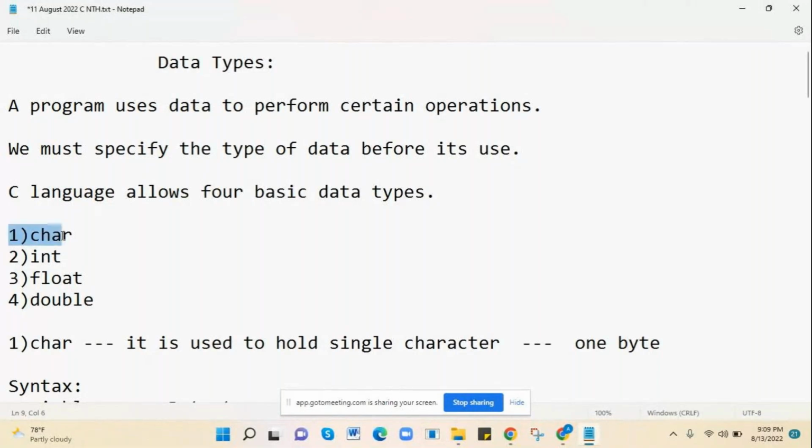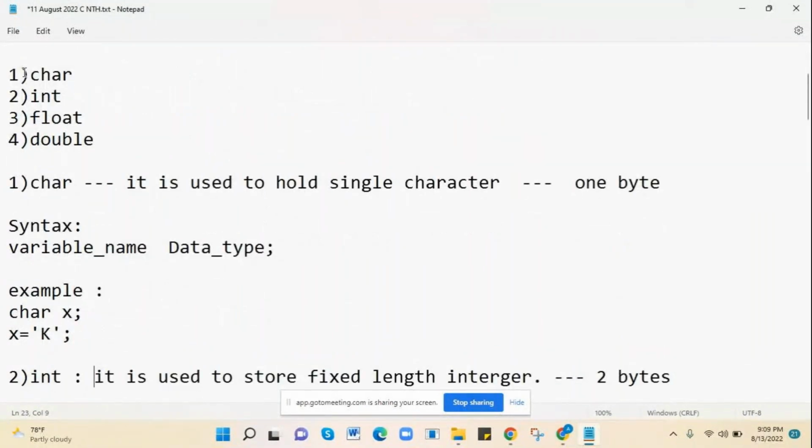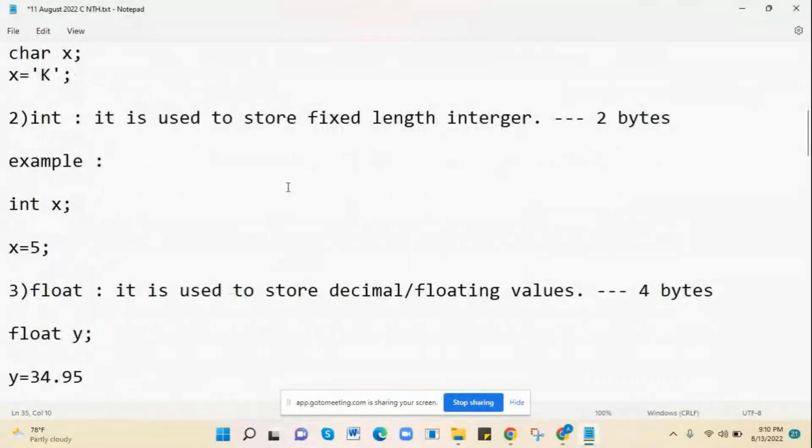Basically, we have four types of data types: char, int, float, and double. Char is to hold or store a single character. Int is to store fixed length values like integers, minus 30, plus 30, 4, 5, like that.